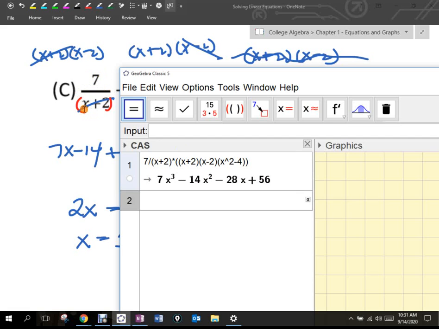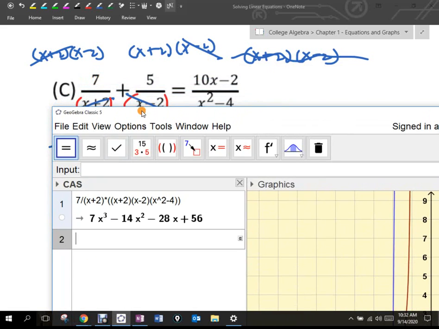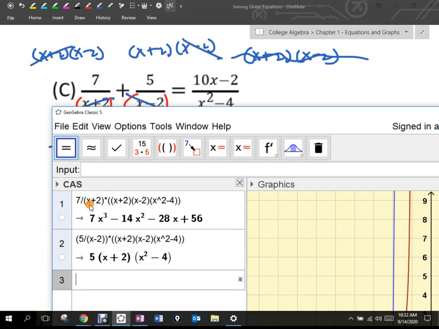Does it make sense? If I didn't multiply by the LCD, I just multiplied by a common denominator. And then if I've got the 5 divided by x minus 2 and multiply that thing, I better put parentheses on the other one. Multiplied by that gives me that. And we can adjust that in a minute.